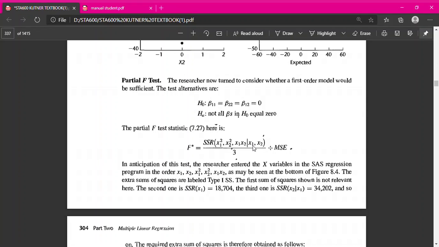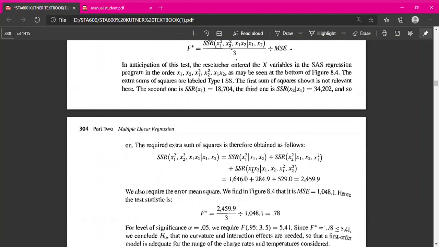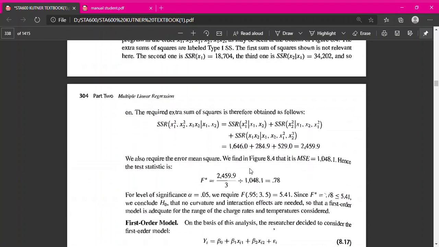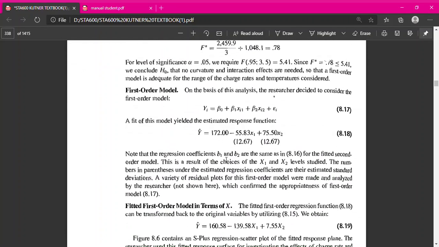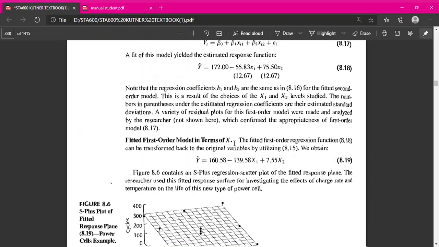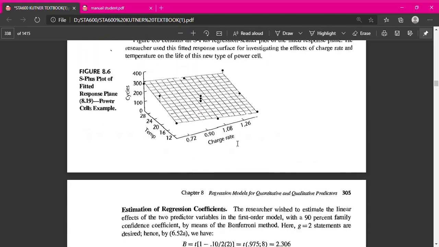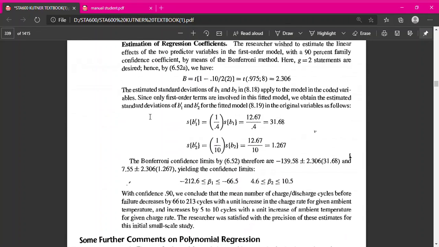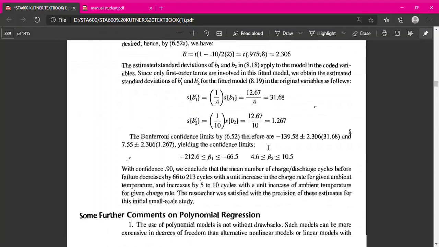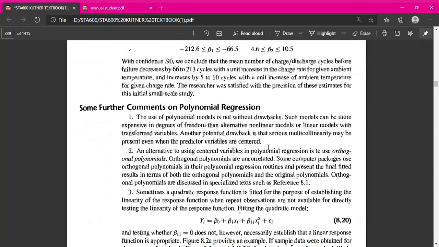Bila x1 and x2 already in the model. Okay, boleh check juga. Satu-satu pun boleh. So, yang ni pun estimation. So, bolehlah juga tengok untuk beta 1 dan beta 2 dan interpret macam biasa sahaja.